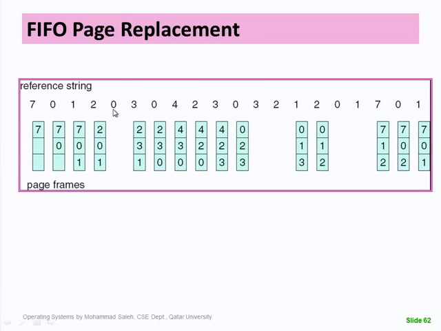And then we continue after that. 0 is not in memory, or is in memory? Is in memory, right? So in this case, we don't need a page replacement algorithm. However, when the process references 3, 3 is not in memory, so we use the page replacement algorithm. In this case, it says the one that was first in is first out. And the one that was first in is 0. So 3 will replace 0, and so on.